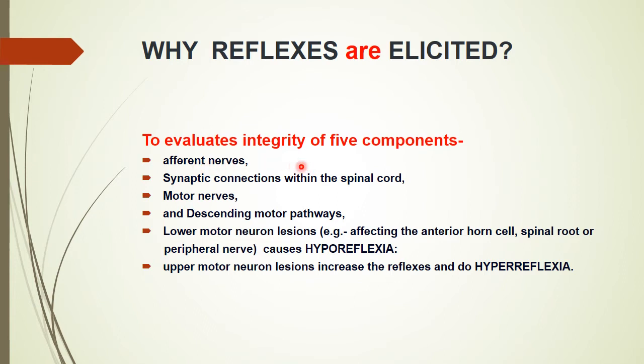And then evaluate the afferent nerve, synaptic connections, motor nerves, descending motor pathway command to the anterior motor neurons, lower motor neurons, whether there is a lower motor neuron lesion, which may cause hyporeflexia, or an upper motor neuron lesion, which may cause hyperreflexia. So we elicit reflexes to find out the integrity of the 5 components of the reflex arc.